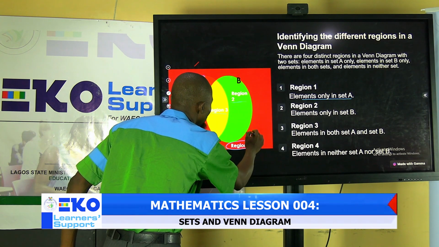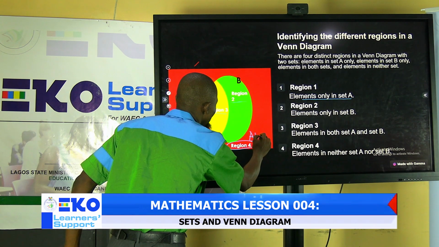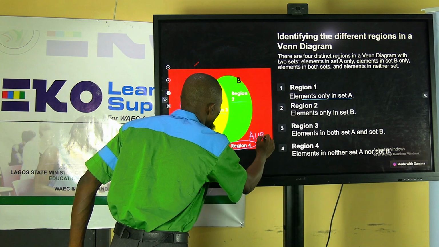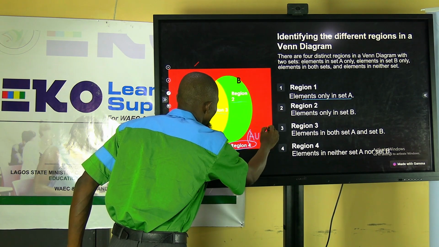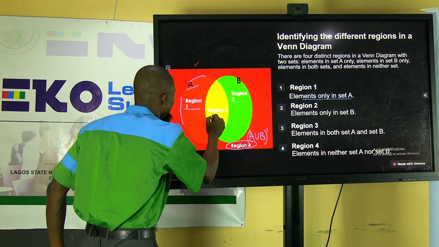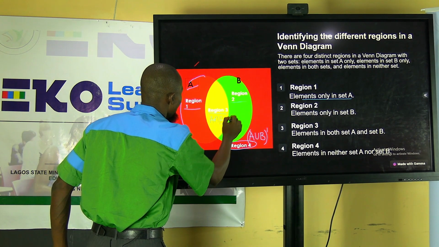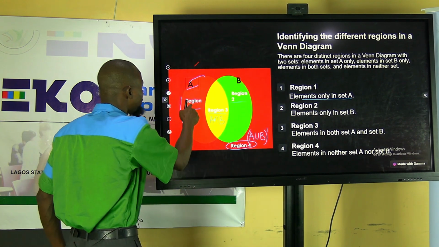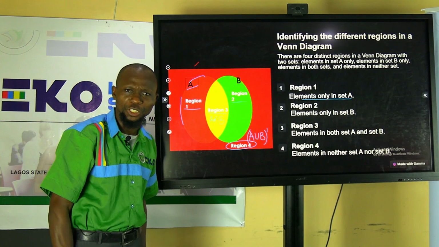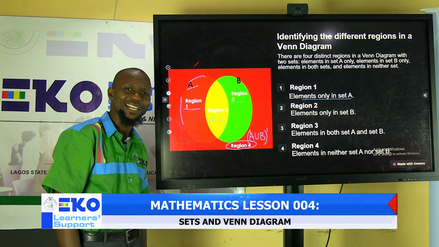So in set notation, we use A union B complement for that. For this one, we use A intersection B. And here, this is A only in set notation. Can you guess how we write that in set notation?